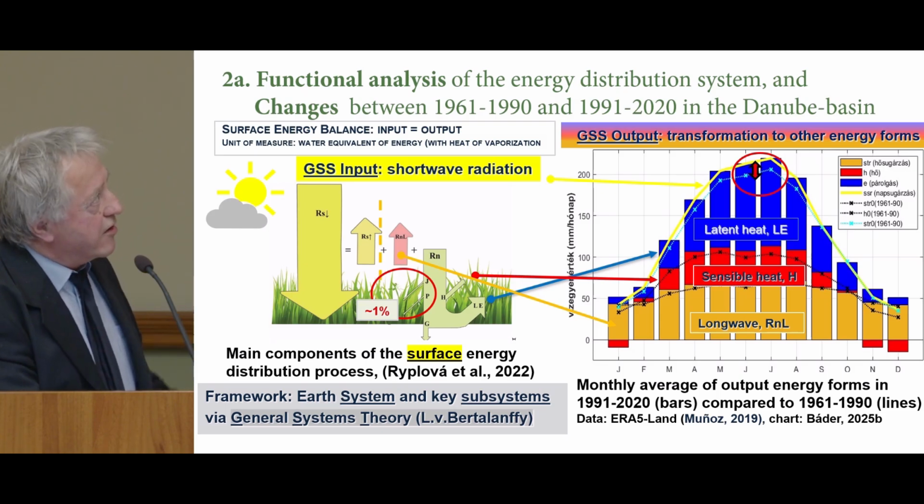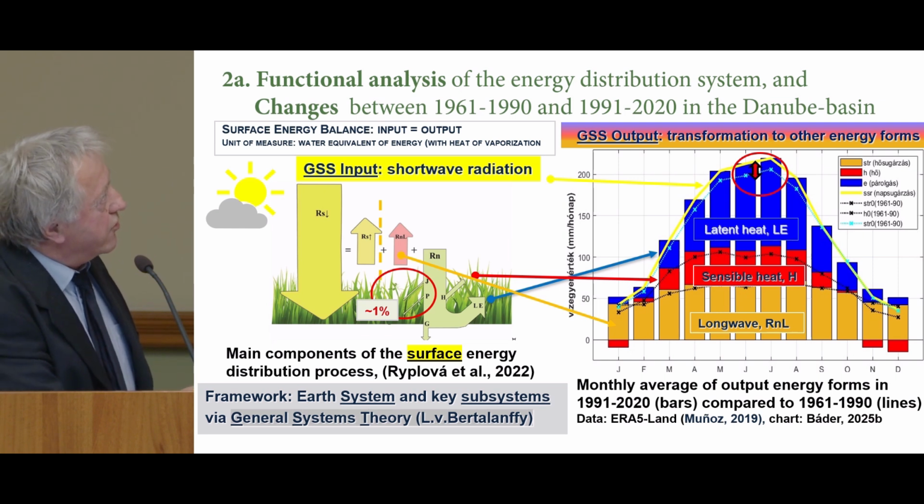Something is very interesting already here. We see that during 30 years, the envelope curve got higher. From 1961 to 1990, the blue envelope curve is valid, and later on it becomes the yellow one.